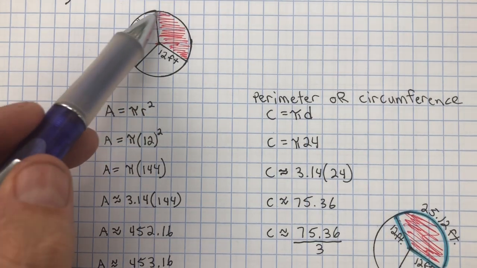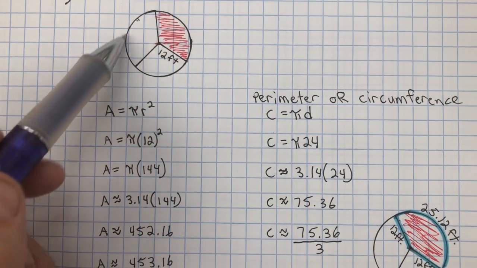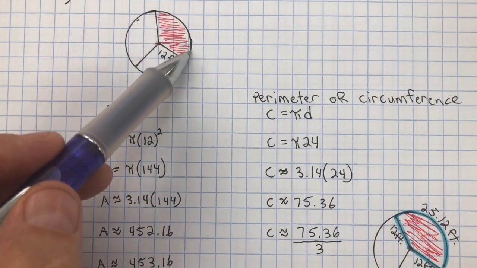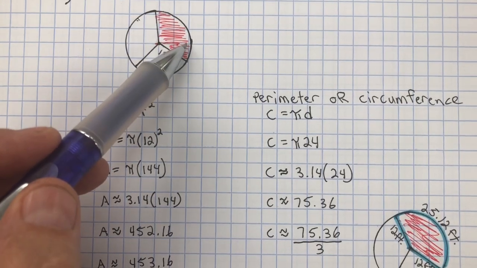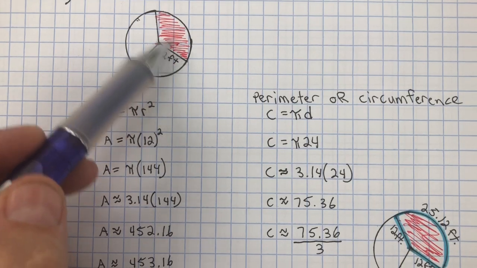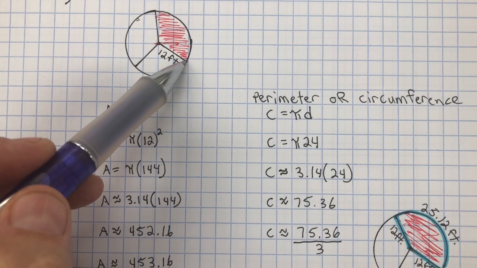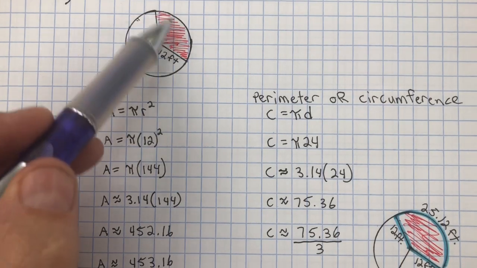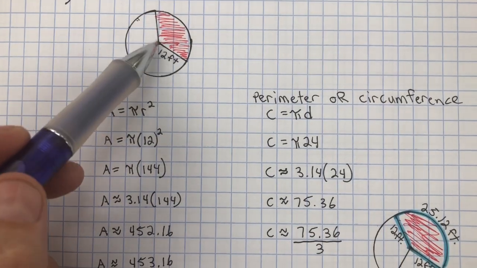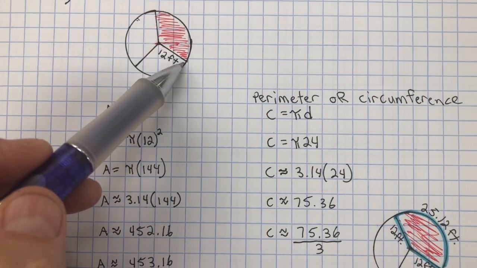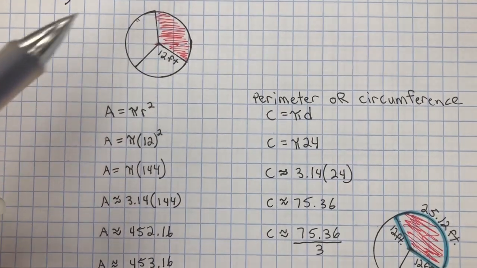So first we're going to find the circumference of the circle, and then divide it by 3 because we only want 1/3 of it. Once we have this arc, then we can do the other part, 12 and 12, because if this radius is 12, this radius is also 12.